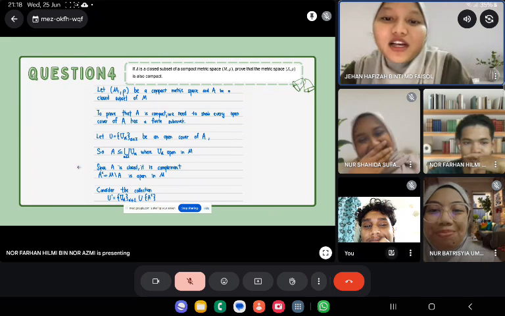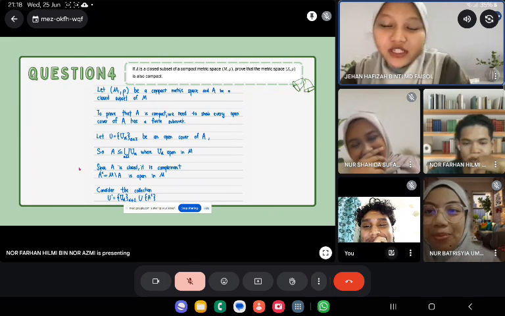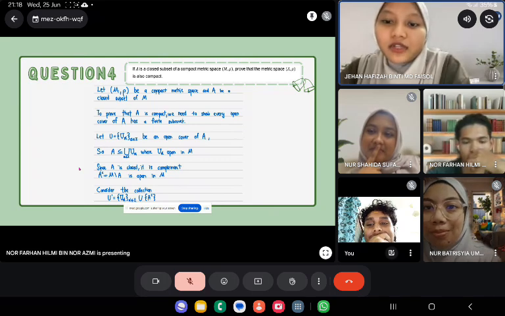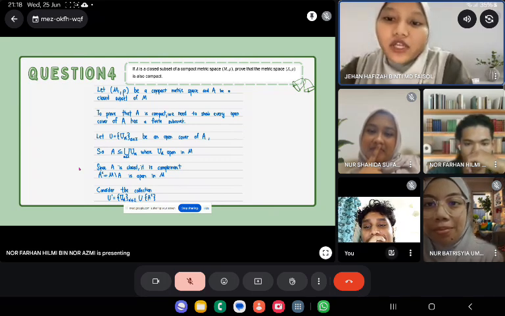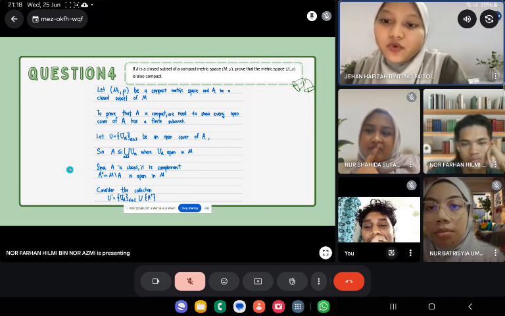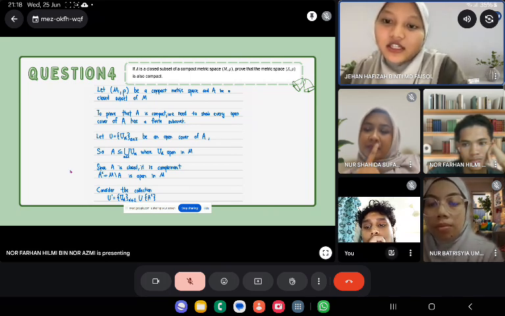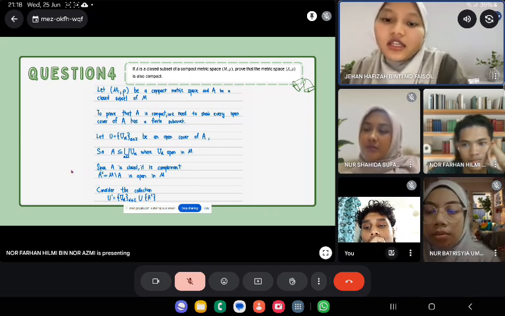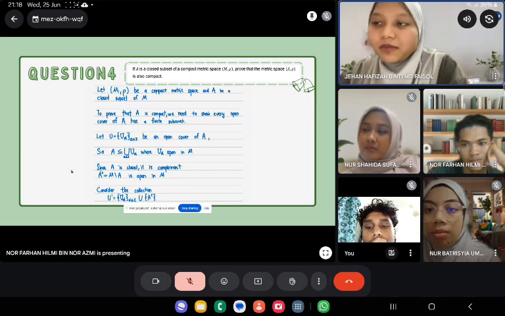So A is a subset of the union over alpha in I of V alpha, where V alpha is open in M. Since A is closed, its complement, M minus A, is open in M. So we need to consider the collection U prime equal to {V alpha, alpha in I} union with A complement.